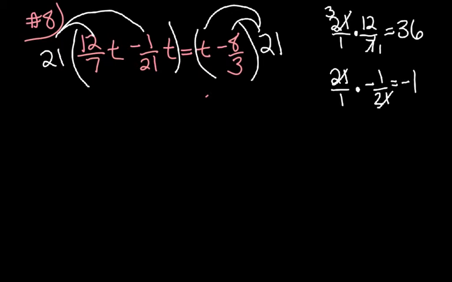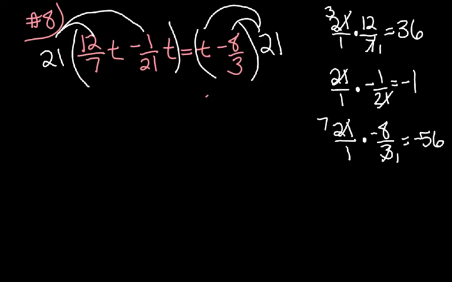On the right, 21 times t would be 21t, so I'm just going to do 21 over 1 times negative 8 over 3. Simplify, and I get negative 56. This multiplication will help me rewrite the problem without fractions.